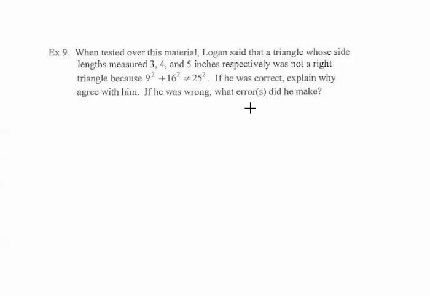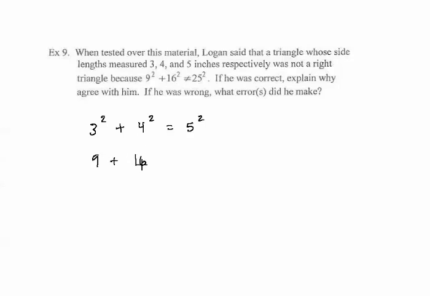Well, let's see here. We have sides 3, 4, and 5. These are the numbers that we're supposed to check with our formula. With 3, 4, and 5, 5 being the longest side, it has to be our hypotenuse. So we'll square 3 and we get 9.